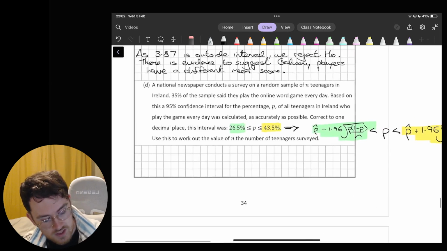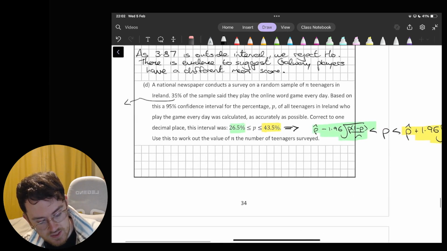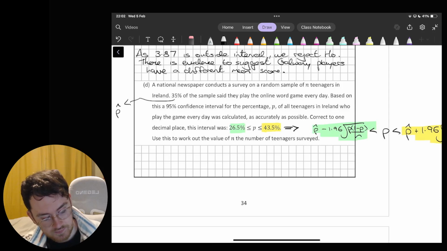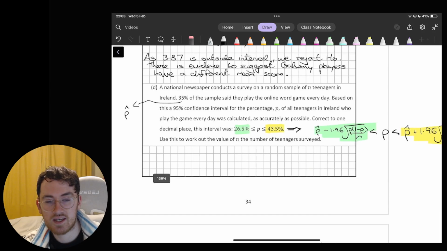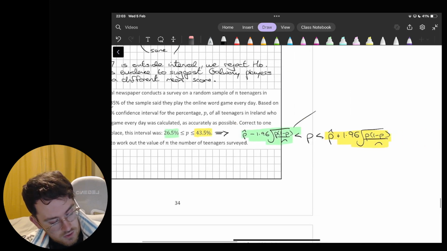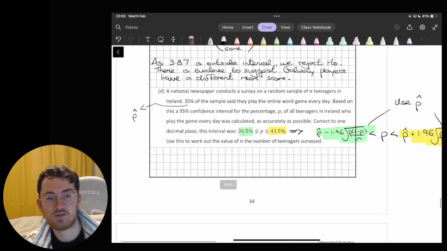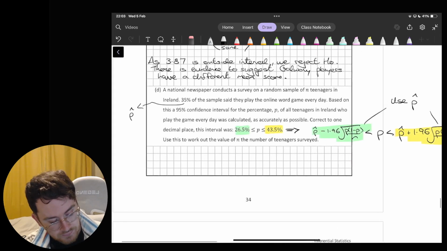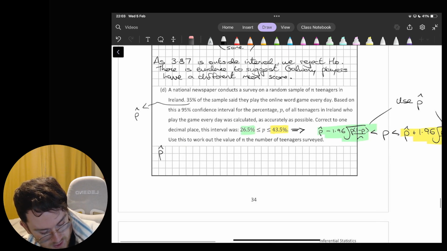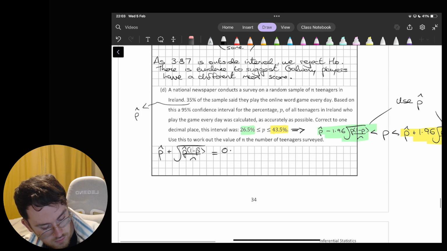If I go through the question, 35% of the sample said they played the game, that's p hat. So that's helpful to me in calculating my sum here. We also know that for this error, we'll be using p hat, even though it says p in the formula. So let's lay this out. p hat plus 1.96 times the square root of p hat times 1 minus p hat over N should be equal to 0.435.